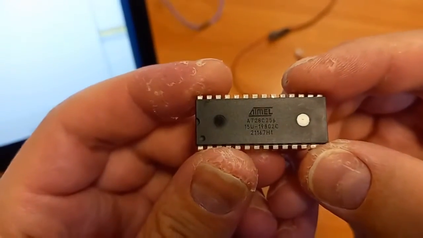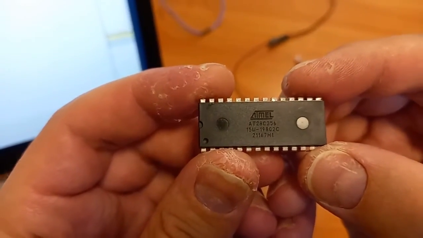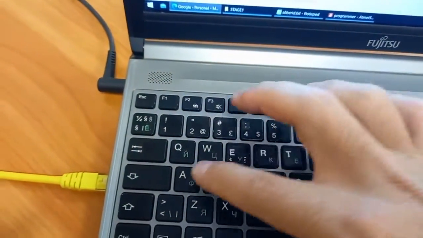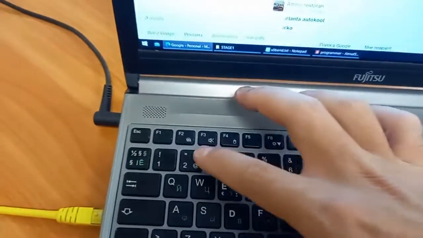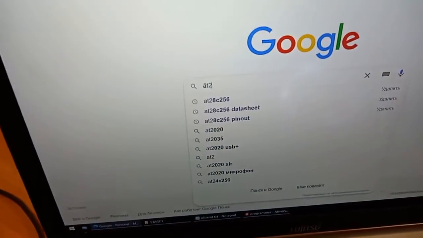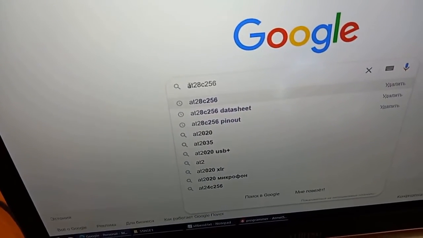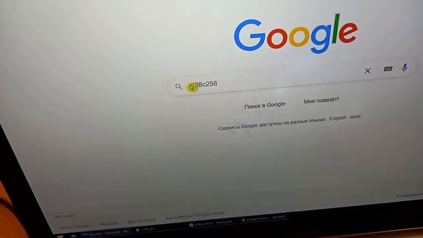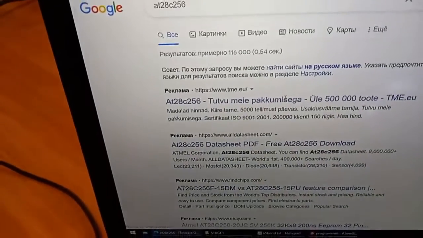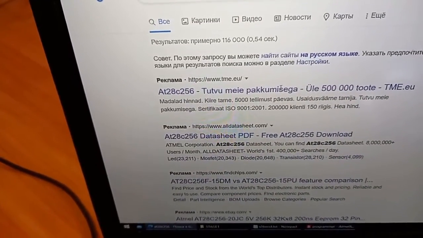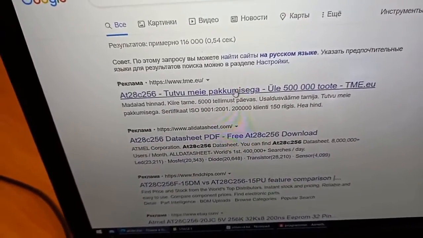That's AT28C256. Yeah, and we want to buy this.